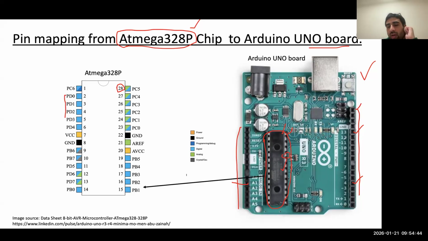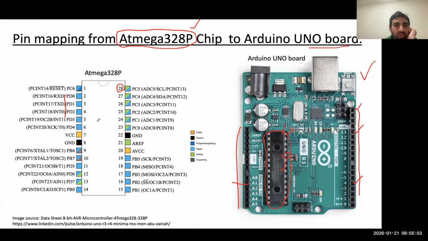But here on the board, you don't have pin PD0 or PD1 or PD2. When in the lab you need to connect things with the pins on the right or the left, you need to know how the microcontroller pins are connected.